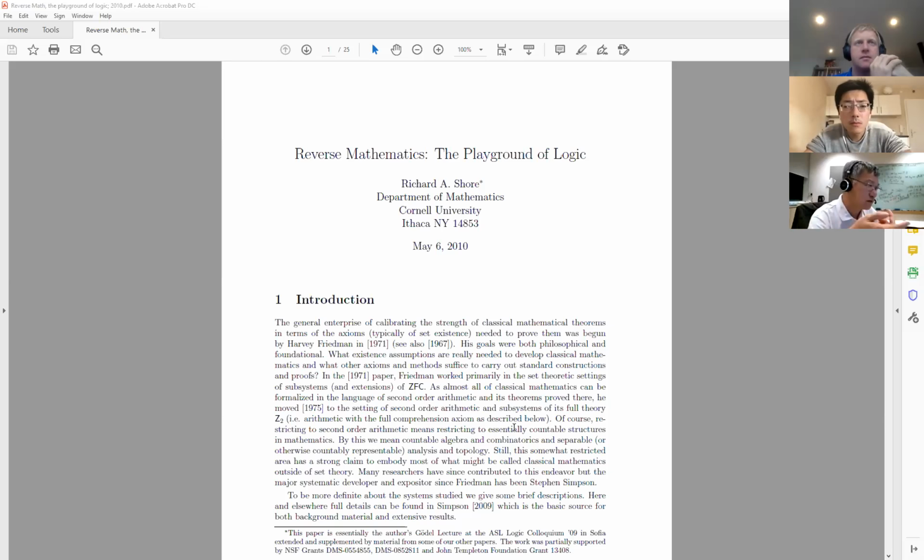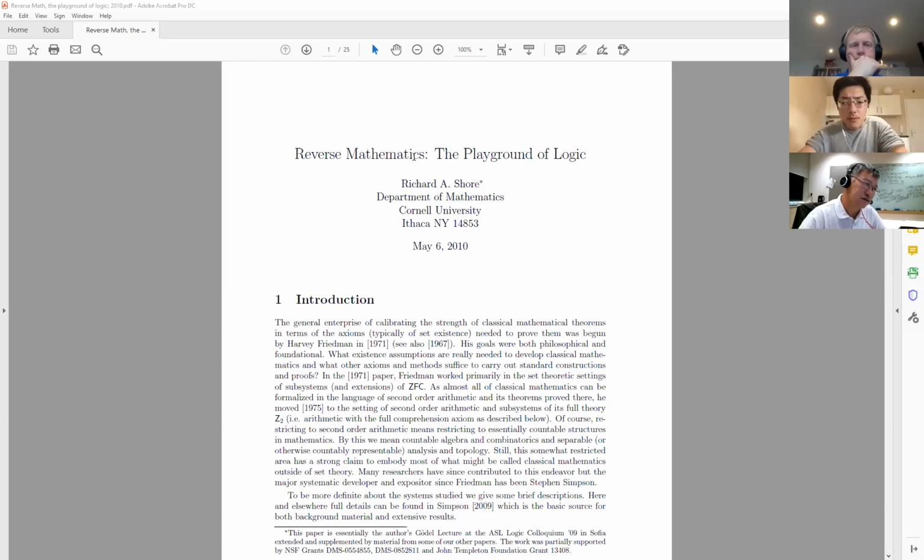So here's a paper by Richard Shore. You can see the preprint was in May 2010. It was published in the Bulletin of Symbolic Logic in the September issue of the same year. This is based on his Gödel lecture at the ASL Logic Colloquium.